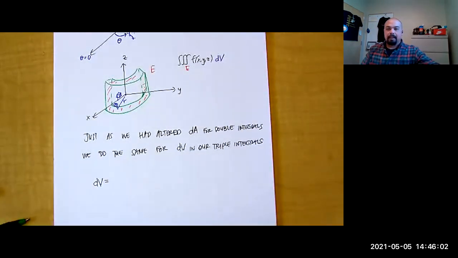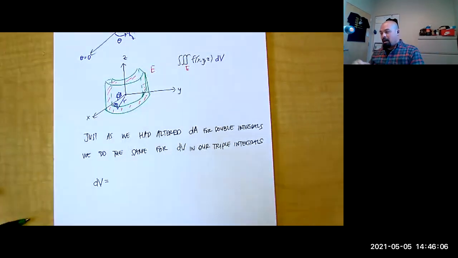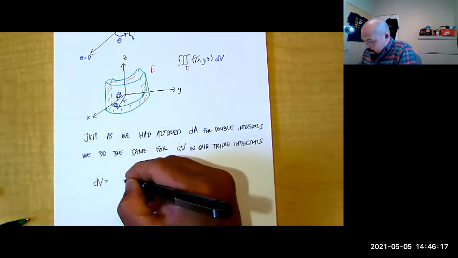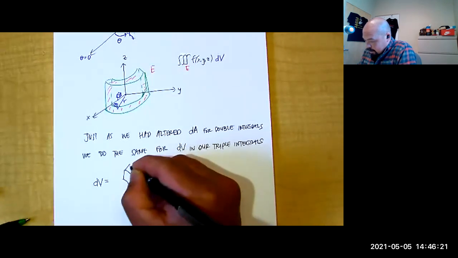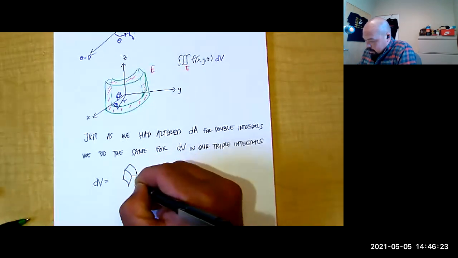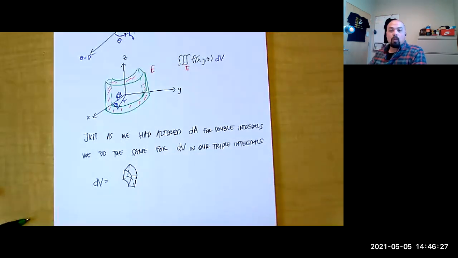So sometimes I'll get a little bit lazy with my language, and I might call the cylindrical form my polar form for 3D, okay? But we have our cylindrical coordinates using that same type of arced look that we had with our polar form.